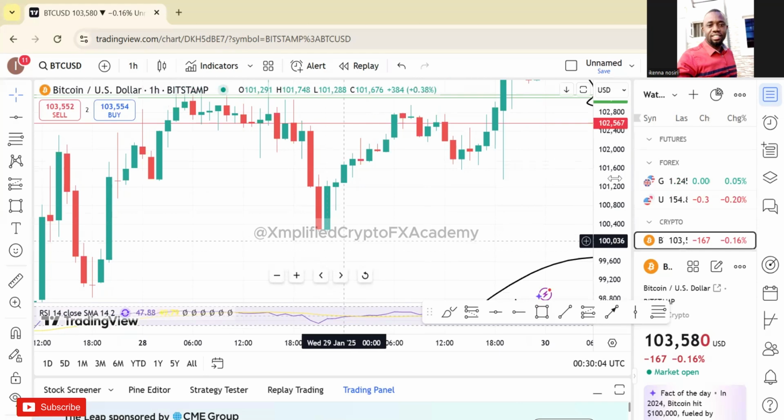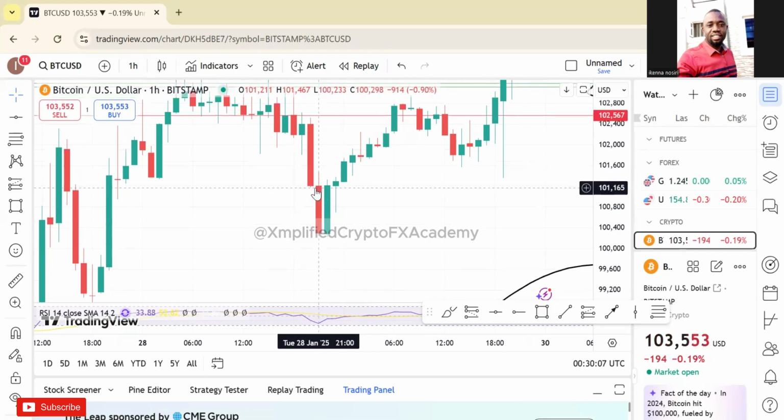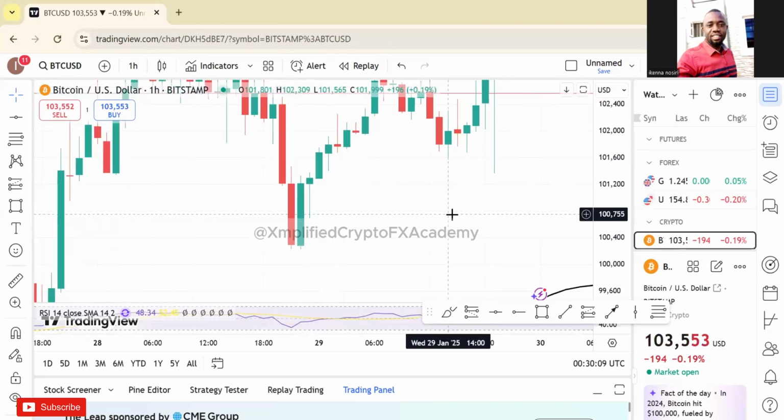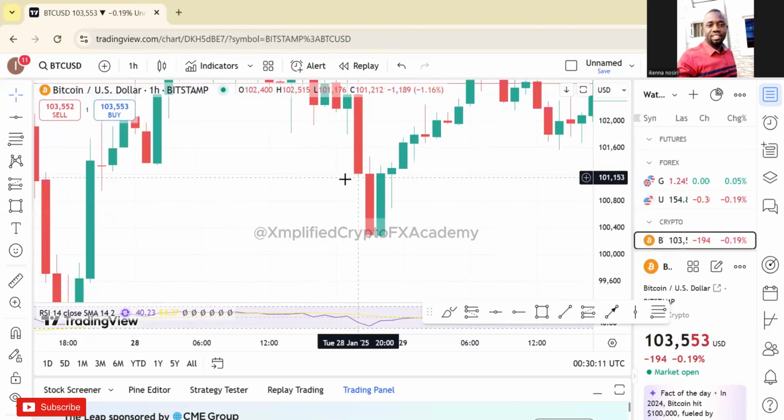So remember that the market opened here. Let me explain so that you understand it in layman's terms. The market opened here at 101,199 dollars and closed here. After it closed, buyers started stepping in and buying.